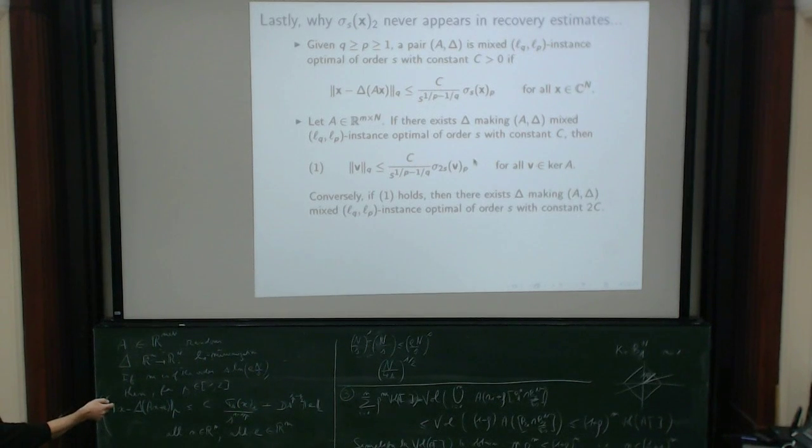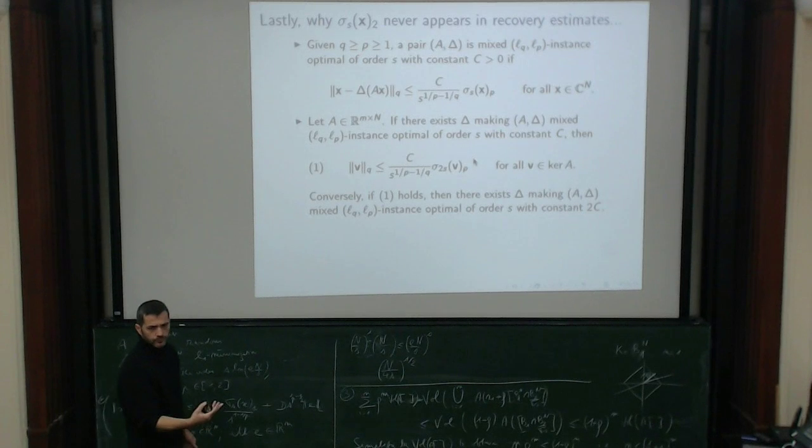If this happens, then there exists a reconstruction map, not necessarily a practical one, making that pair A and D LQ, LP instance optimal of order S, but the constant changes from C to 2C. But basically, given A, the existence of a reconstruction map that provides you the stability estimates in the sense of LQ, LP optimality is equivalent to a property just of the null space, right?